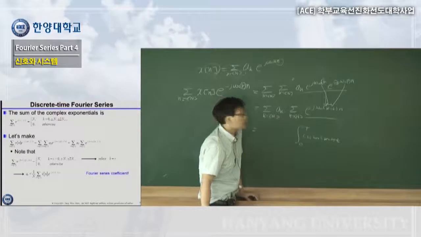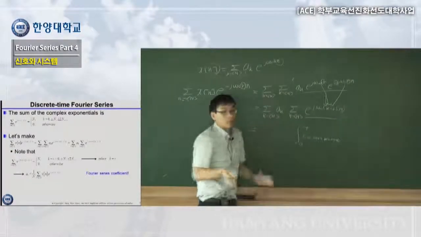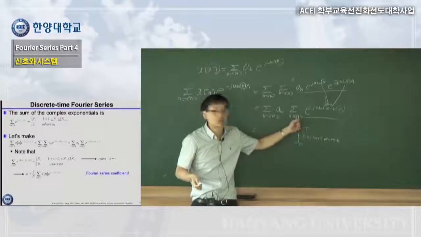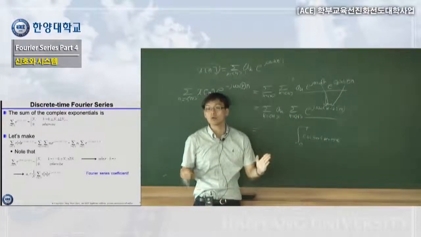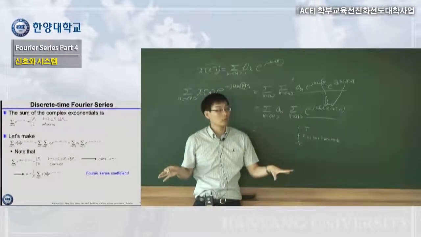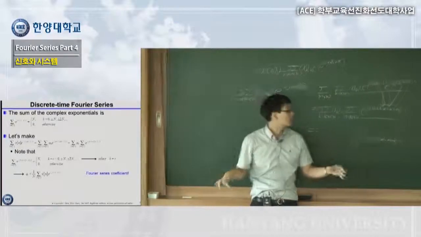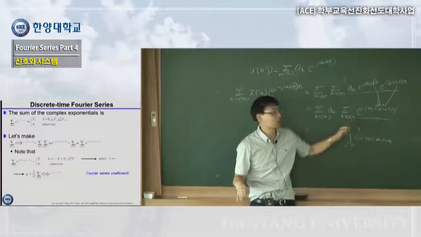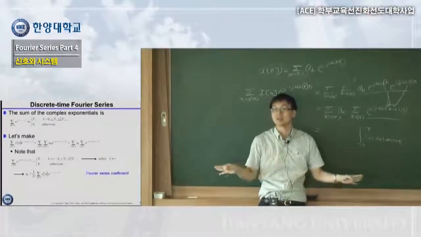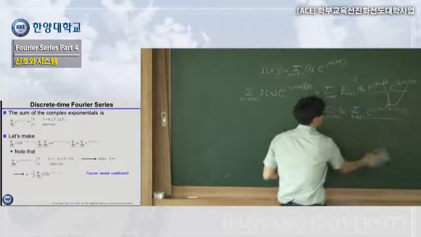Remember, right? This is the same because we are adding them over one period. Large N is the period. We're adding from 1 to N, or 0 to N minus 1. Whatever happens, they're all the same. If you add them together over a period, they will cancel.